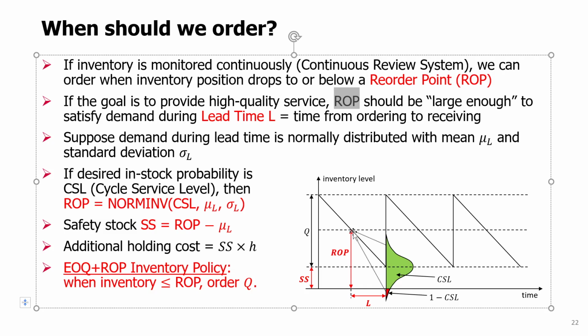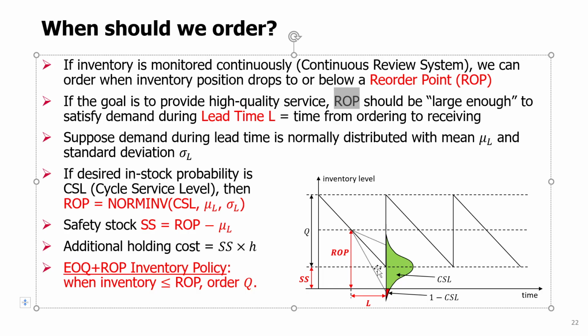But if the demand during lead time is higher than average, right, then we are at risk of having a stock out, which means basically that we sell or use all the inventory, and at some point we run out and we still have demand, but no units of inventory are available. So we will need to consider some kind of distribution of demand during lead time, with the average being R, right?